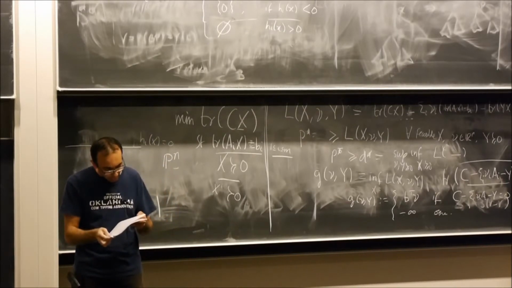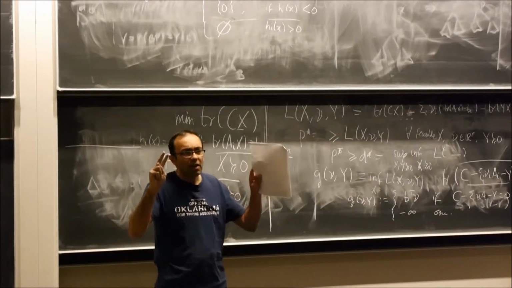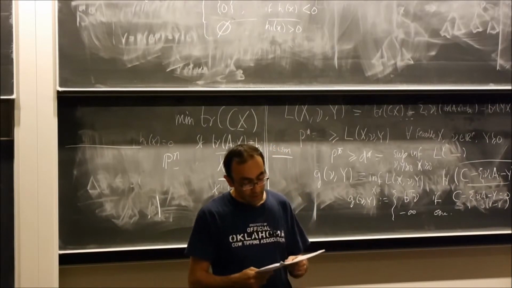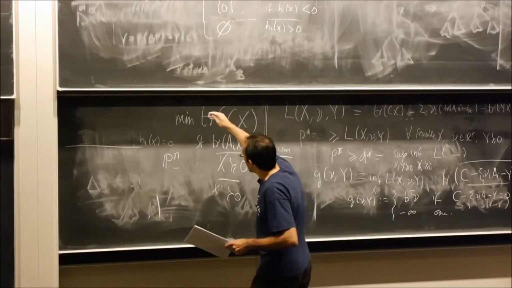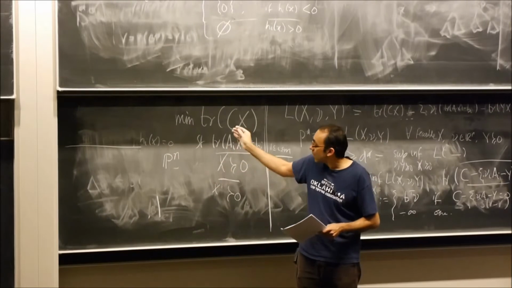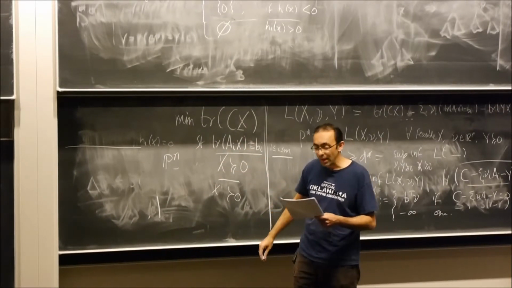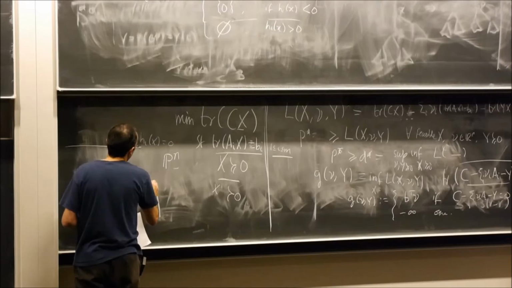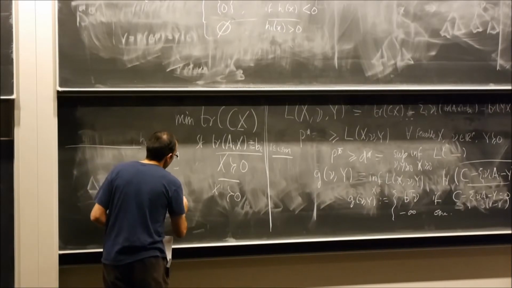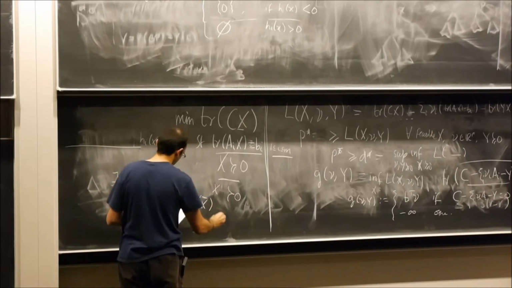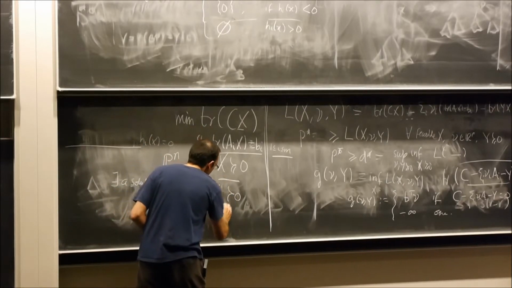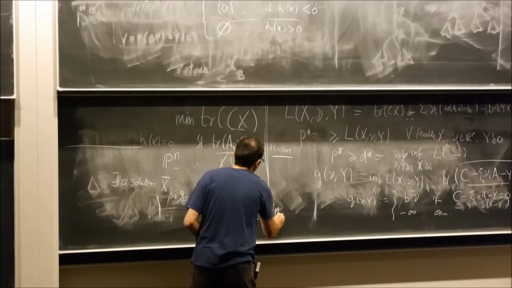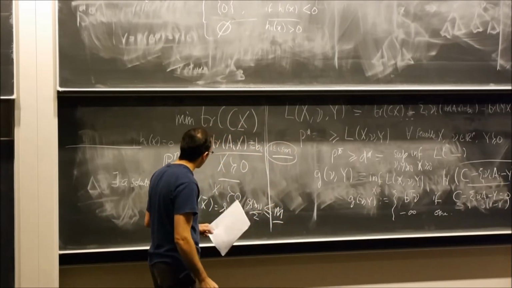There is a theorem by Barvinok which says, under some small technical assumption, if the primal SDP is solvable, which means it doesn't go to minus infinity and is not infeasible, etc., then there exists a solution X bar such that the rank of X bar, let's call it R, satisfies R(R+1)/2 ≤ m, where m is the number of constraints.